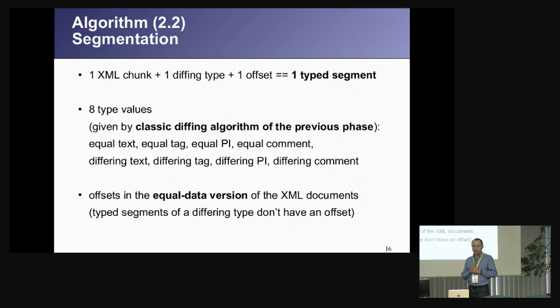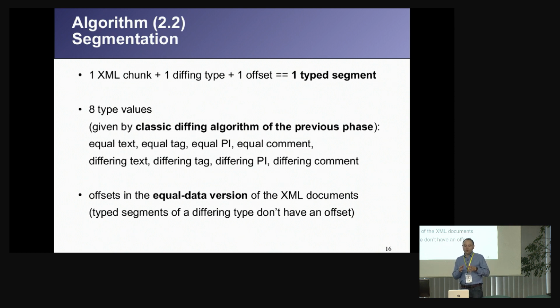The type values that are defined are equal text, equal tag, equal processing instruction, or equal comment, and differing text, differing tag, differing processing instruction, and differing comment. This information, the typing of each chunk, is given by the previous phase of the algorithm, the diffing of the raw text versions.